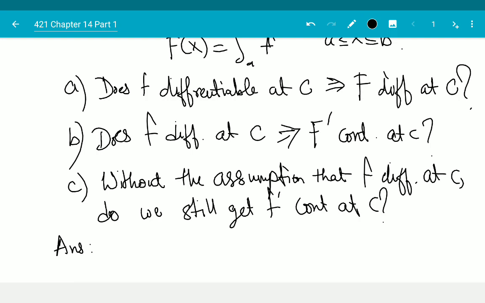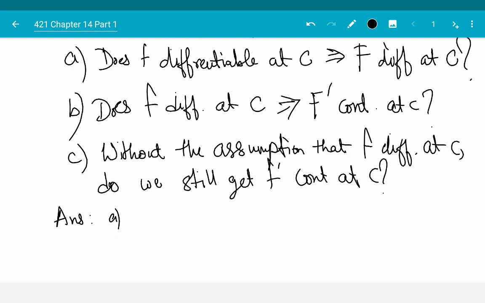Answer. So I'm not going to answer all of these. I will just do one, yeah, I'll just do one. So part A. Suppose f is differentiable at c. Does that mean capital F is differentiable at c?